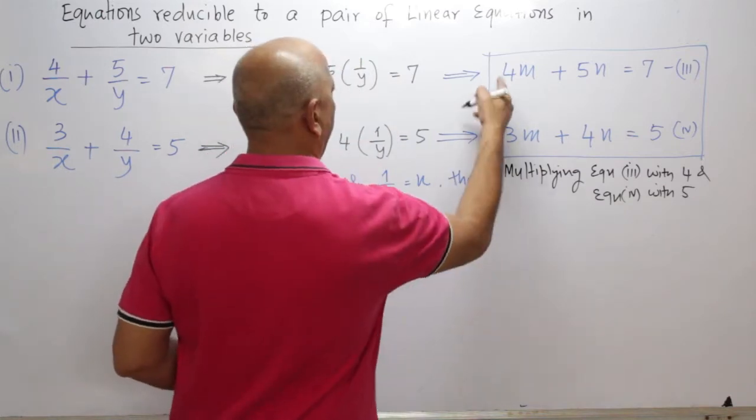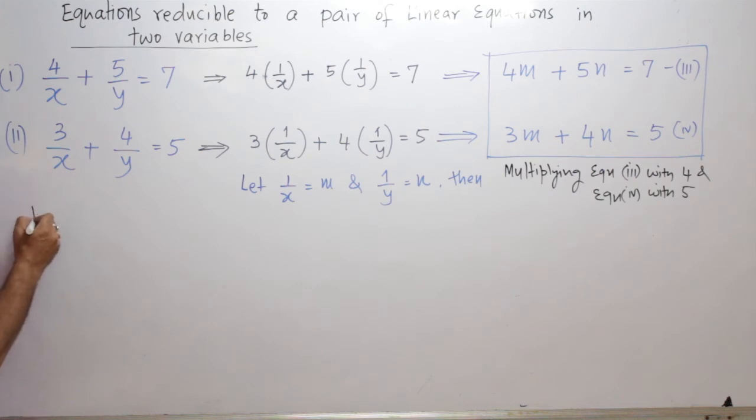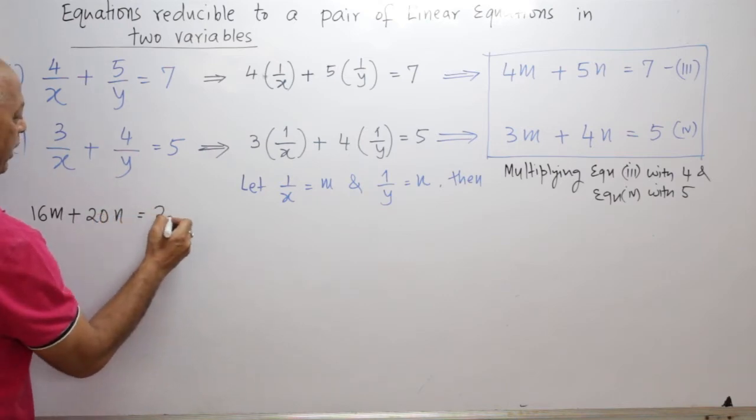Multiplying by 4, we'll get 16m plus 20n is equal to 28.